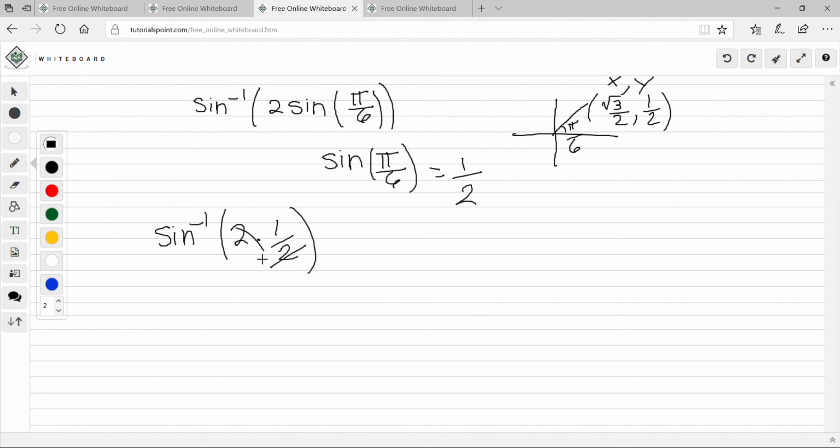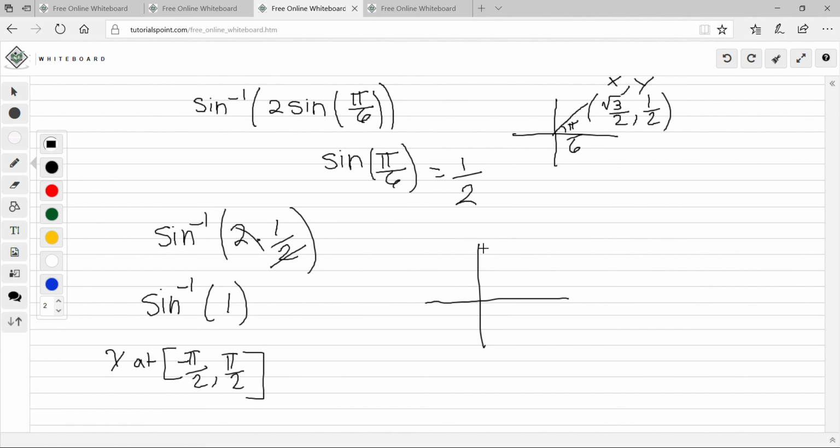So that 2 cancels. So you're left with sine inverse of 1. And then the sine inverse has boundaries, so alpha is at negative pi halves to pi halves. So it's basically quadrant 1 and 4.